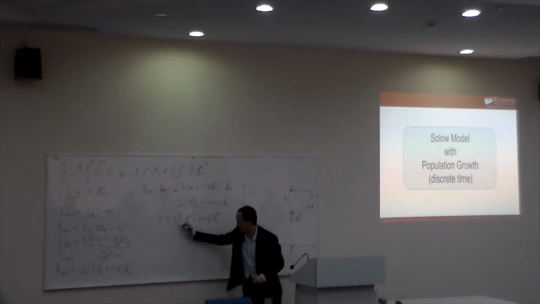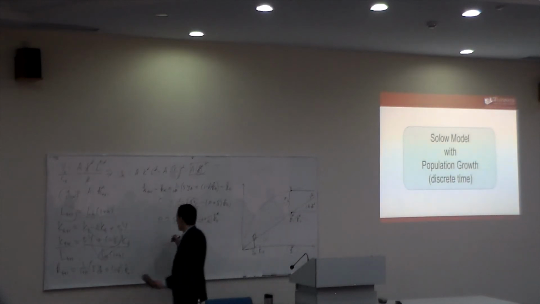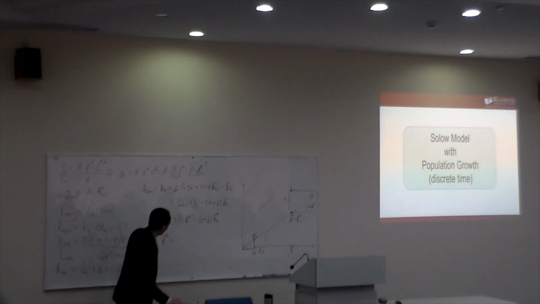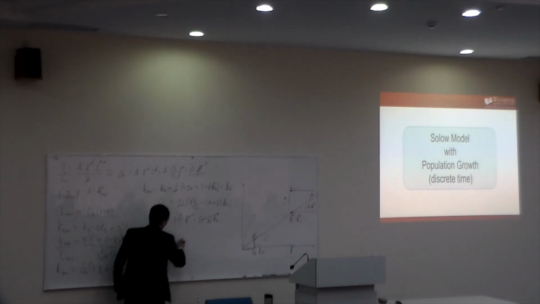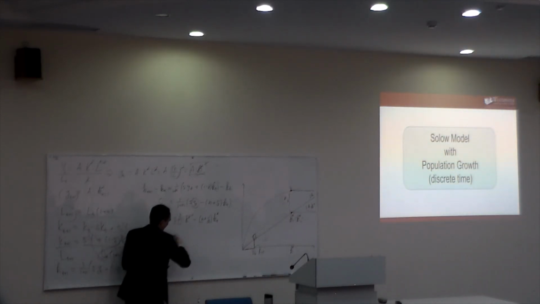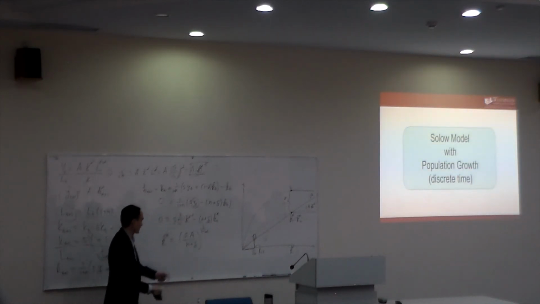You know, this is exogenous, given. If you find the per capita capital in the steady state level, you will get it to be equal, let me write it down like this, to saving rate times A over (n plus delta), in the power of 1 over (1 minus alpha). If you do it, you will get this number. Okay?